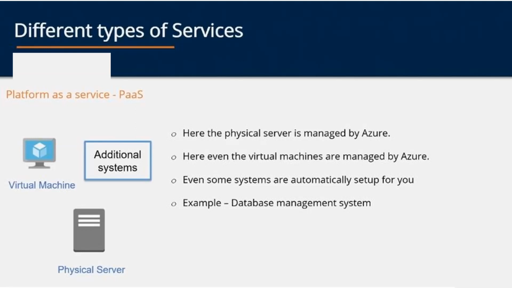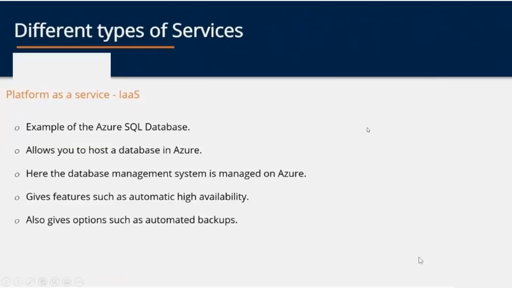And we are directly working with an application such as a database management system. That could be a MySQL or a SQL server. So what we are saying is platform as a service. In other words, we're just working with the application. That could be a database application or any other kind of application. Let's come here.